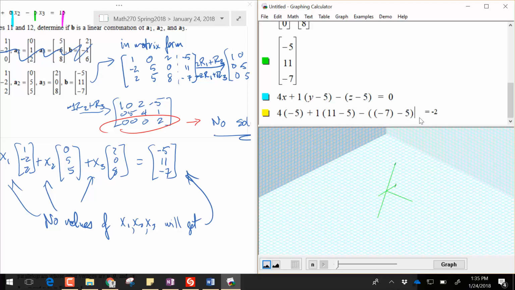This thing is supposed to be equal to 0, but it's not. Although in the graph it looks like it's on the plane, it's really close, but it's actually not on the plane. Well, we can zoom it and we can adjust the x's. We're probably messing around with this way too much.